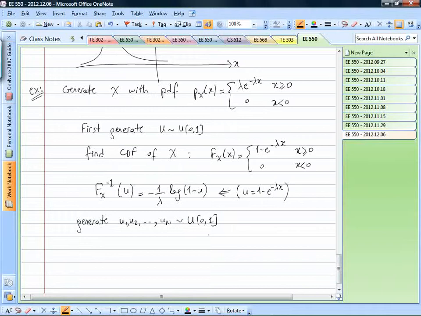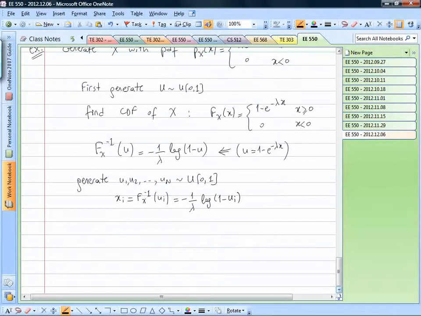This means generate n numbers randomly between 0 and 1, and then convert each one with this f sub x inverse function, which is exactly minus 1 over lambda logarithm of 1 minus ui, and then you obtain the corresponding x values, and that's it. You're already generating your random variable realizations.